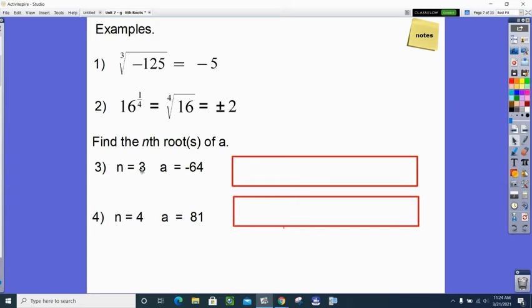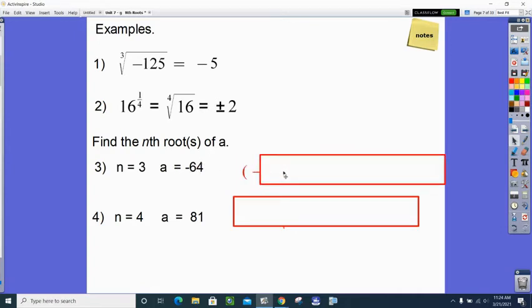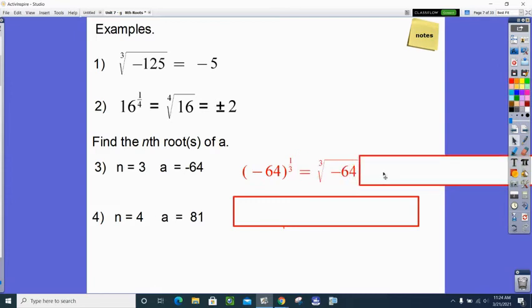Okay, so now they're giving you the index and they're giving you the radicand, basically. I think when we first begin, that's what they're asking, but you might be more comfortable writing it as a radical. So the n is the index and the a is the radicand, the number under there.